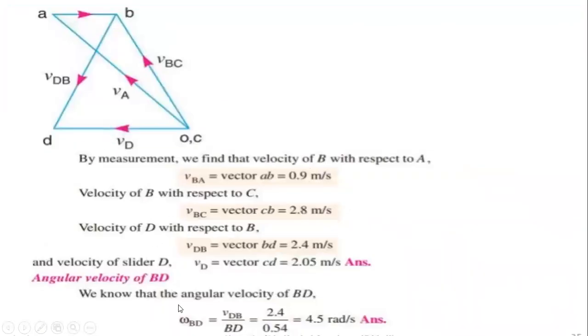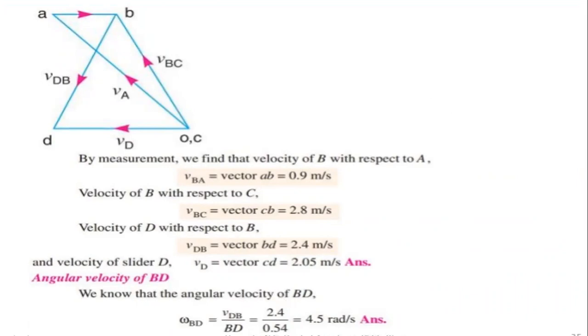We know that the angular velocity of BD, omega BD, is equal to the velocity of DB divided by the length of the link BD. The length is taken from the space diagram only, or it can be given directly in the question.